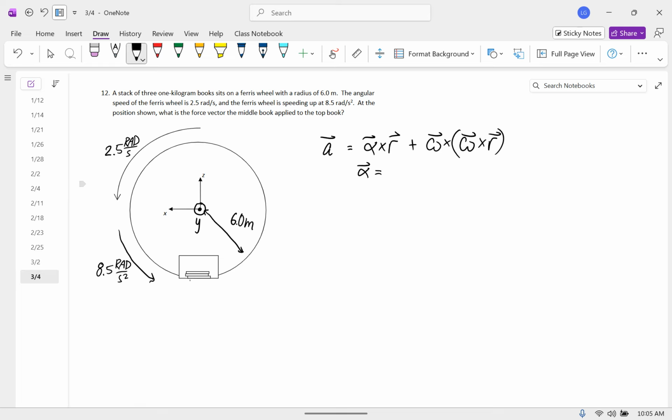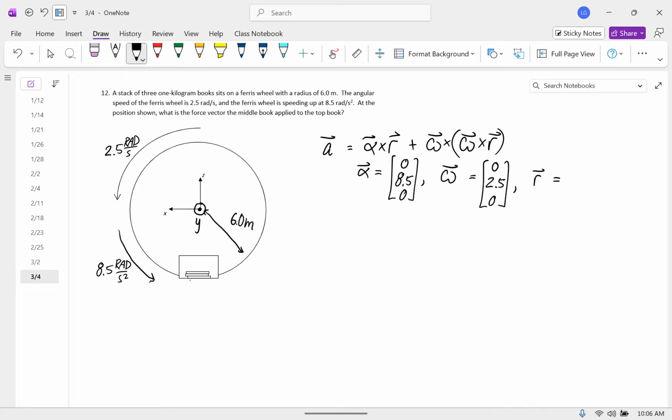And so from the right-hand rule, you can see that the angular acceleration and angular velocity are both in the positive y direction. So this is 0, 8.5, 0. And the angular velocity is 0, 2.5, 0.